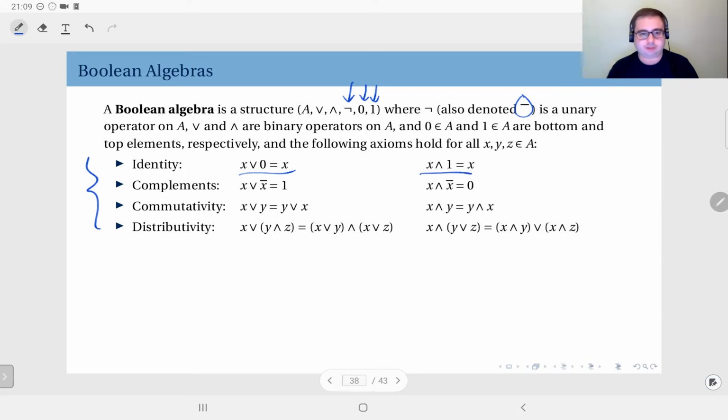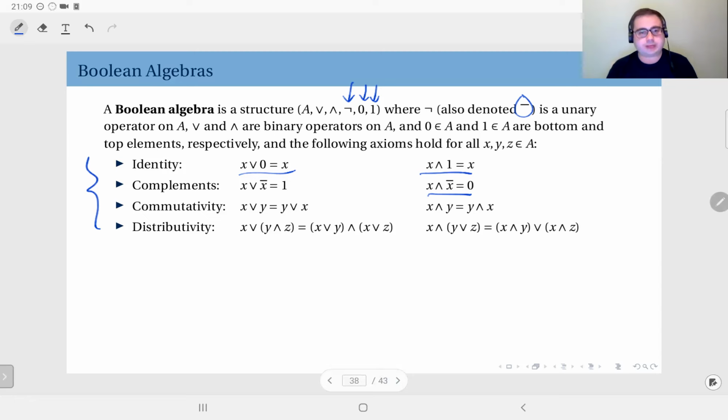And the complements axiom, x join with its complement is the top element, x meet with its complement is the bottom element. And we have commutativity for both operations, meet and join. And we have also distributivity, which goes, again, both ways. Meet over join and join over meet.